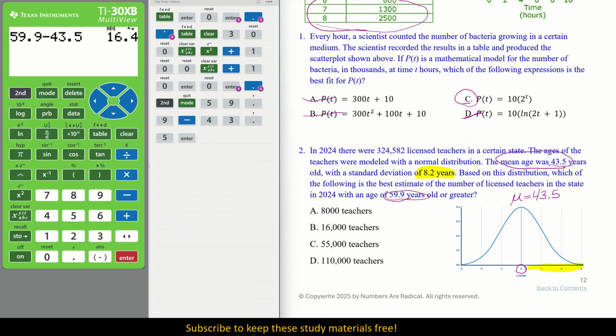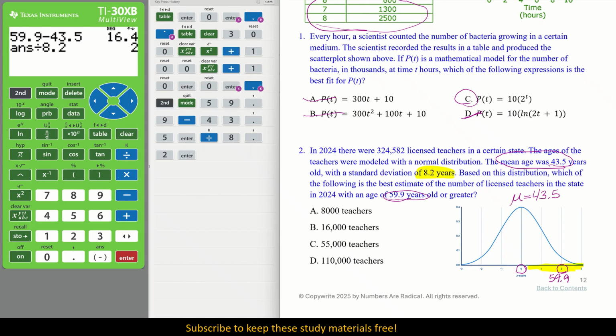That distance in age is 16.4. But our standard deviation, the value of it in years, suspiciously, is 8.2. So divide by 8.2. And there you go. 2 standard deviations. So that tells me that right here at 2 standard deviations is where we have our 59.9.